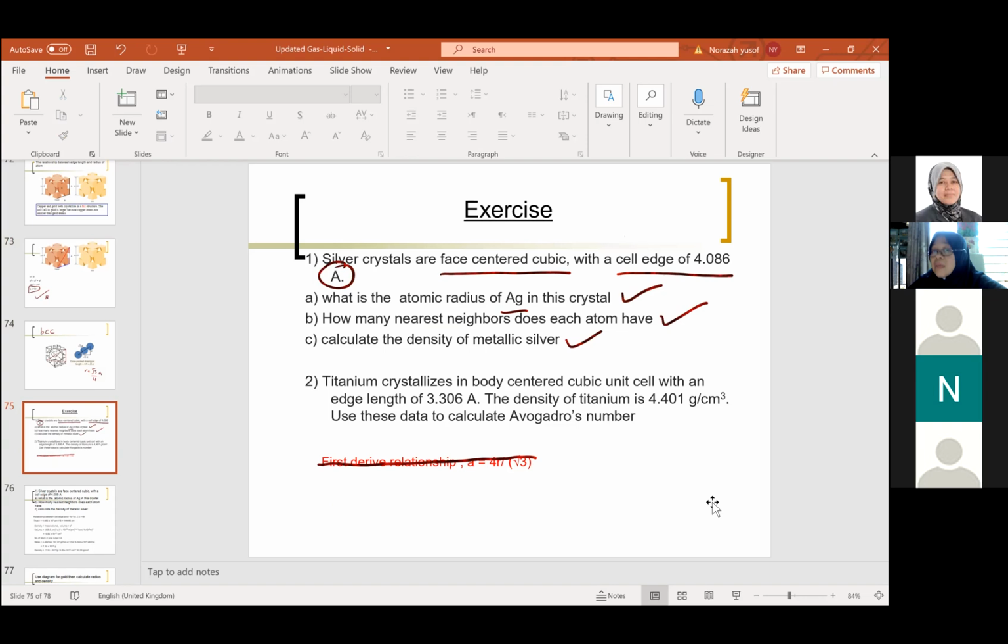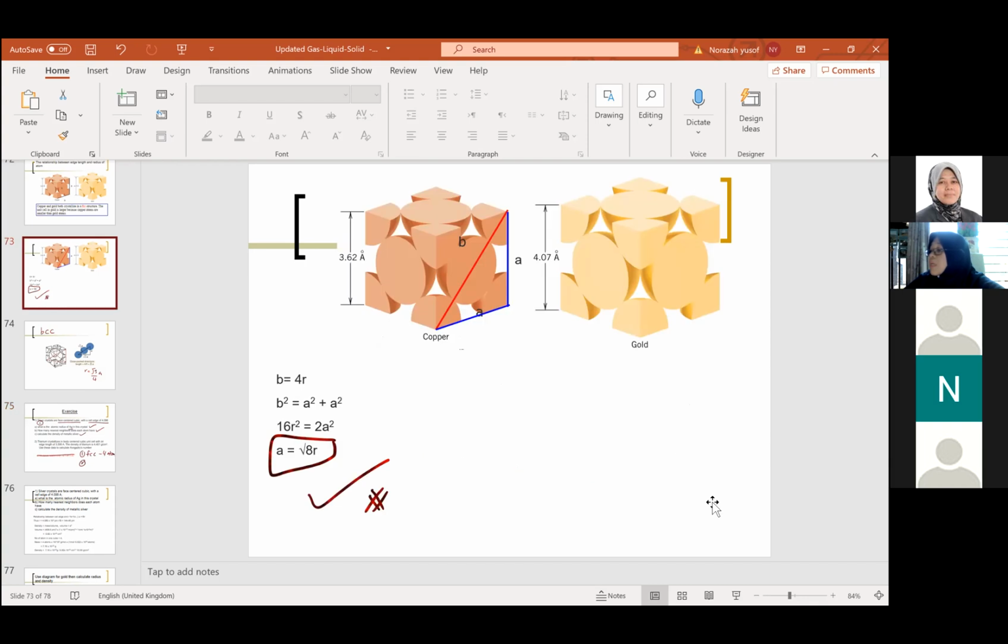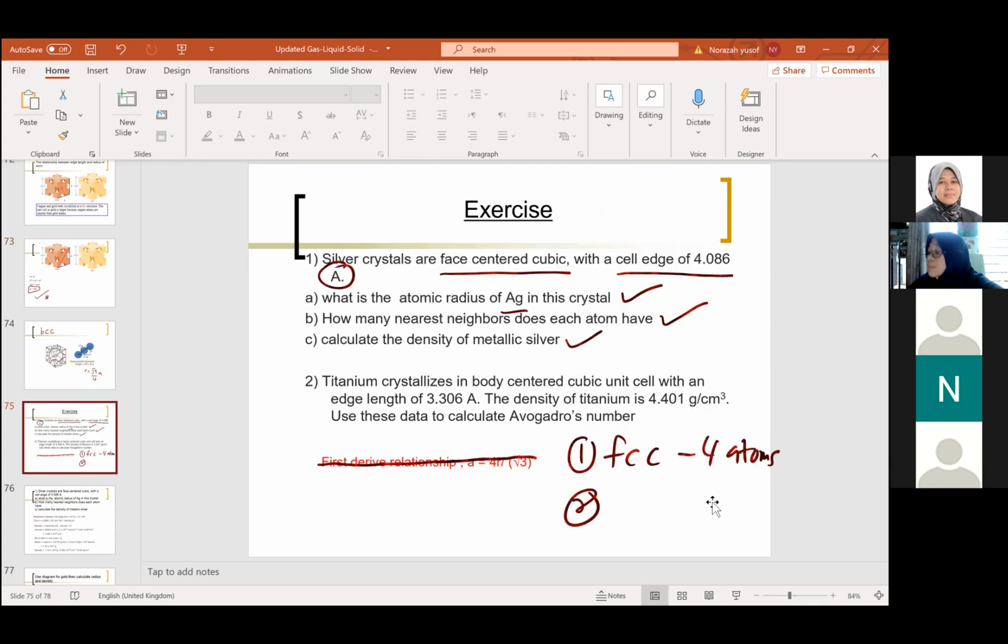So I suggest that you remember the formula. Two things you need to know: face-centered cubic has 4 atoms, and A equals square root of 8 times R. These two pieces of information should be with you before you start to solve this question.